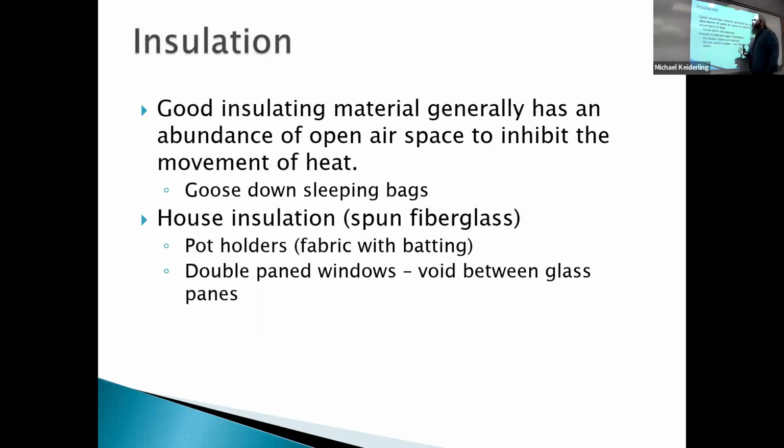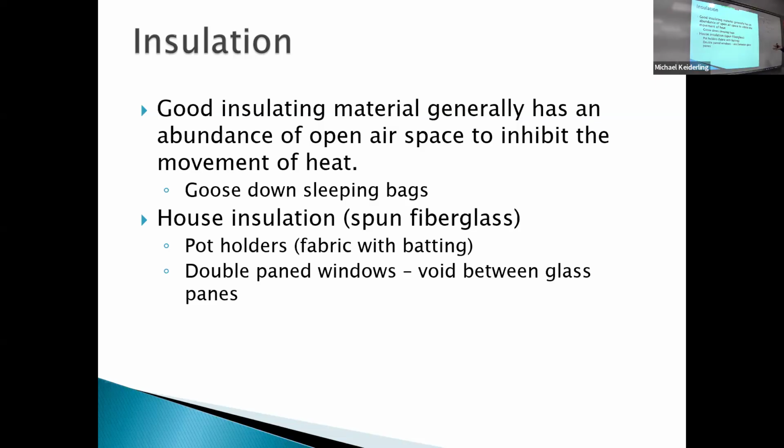So if you have a good insulating material, if you want to keep heat from being transferred, you use an abundance of open airspace to inhibit the movement of heat, but you also try and keep that air from moving. You try and stop convection. So things like goose down, lots of feathers that trap that air in place, keep it from moving around.